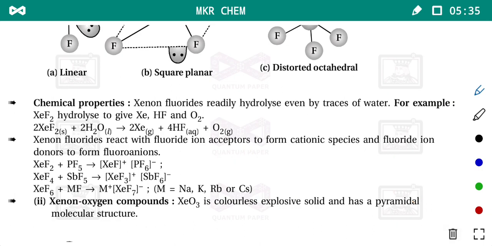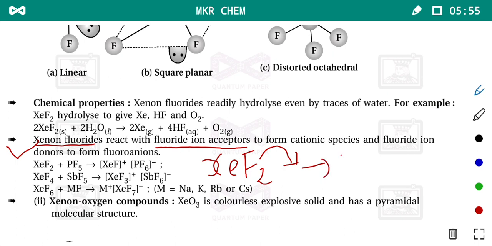Then this property is the most important property. Xenon fluorides react with a fluoride ion acceptor. This means XeF2 donates 1 fluorine and is converted into XeF positive ion, and 1 fluoride ion is donated.